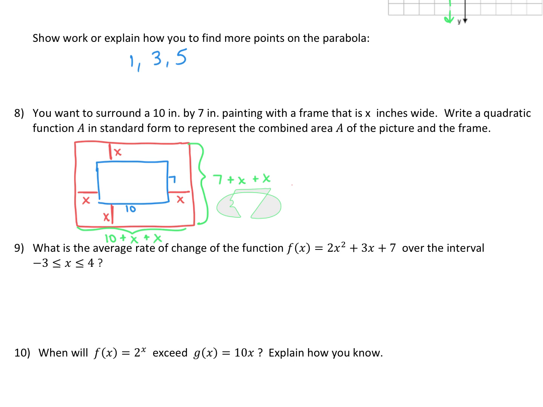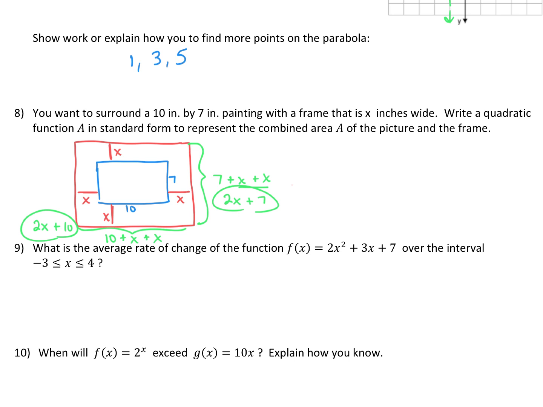If we combine those, we have X plus X plus 10, so that is 2X plus 10, and there's our new length. Oh, I erased that somehow. This was 2X plus 7.